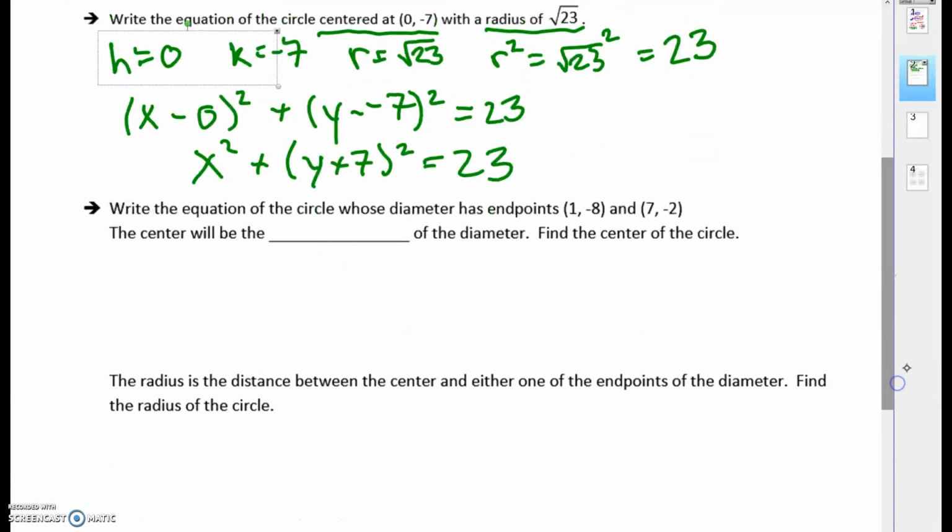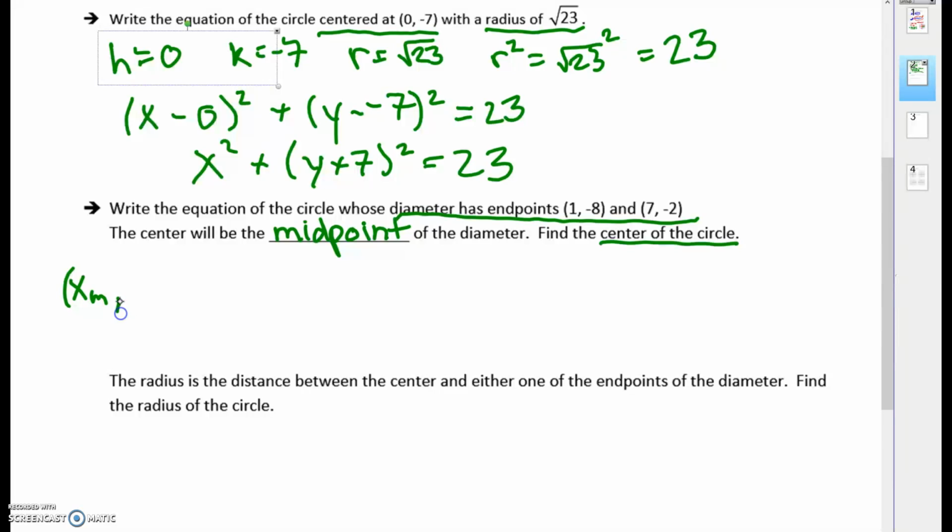All right, now I want to find the equation of a circle whose diameter has endpoints 1, negative 8, and 7, negative 2. Well, keep in mind that on the dead center of the diameter, any diameter, will be the midpoint. So the center will actually be the midpoint of the diameter. So if I want to find the center of a circle, I am just going to use my midpoint formula.